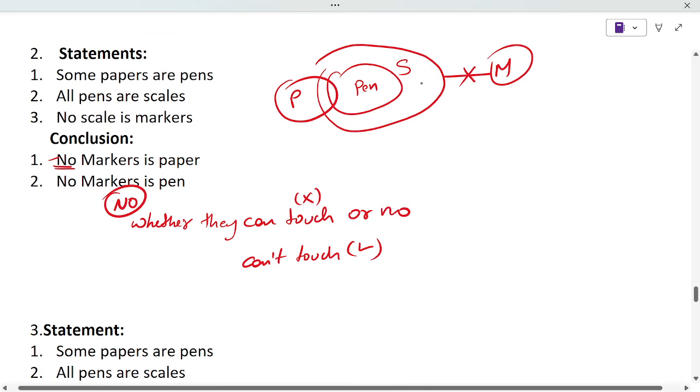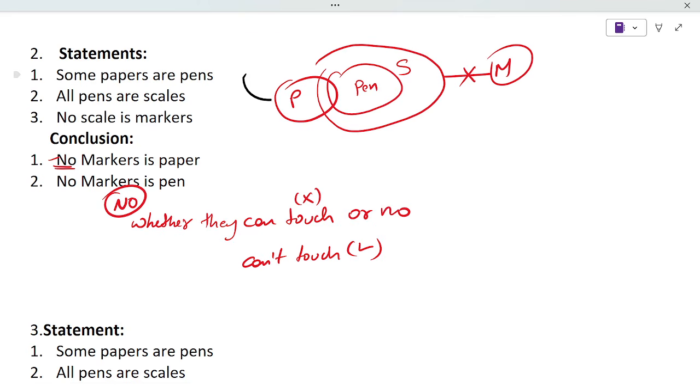Even if scale and marker cannot touch, marker and paper can touch. We are not violating the statement, since it is only clearly mentioned that scale and marker cannot touch. They can touch, and if they can touch, the answer is false.